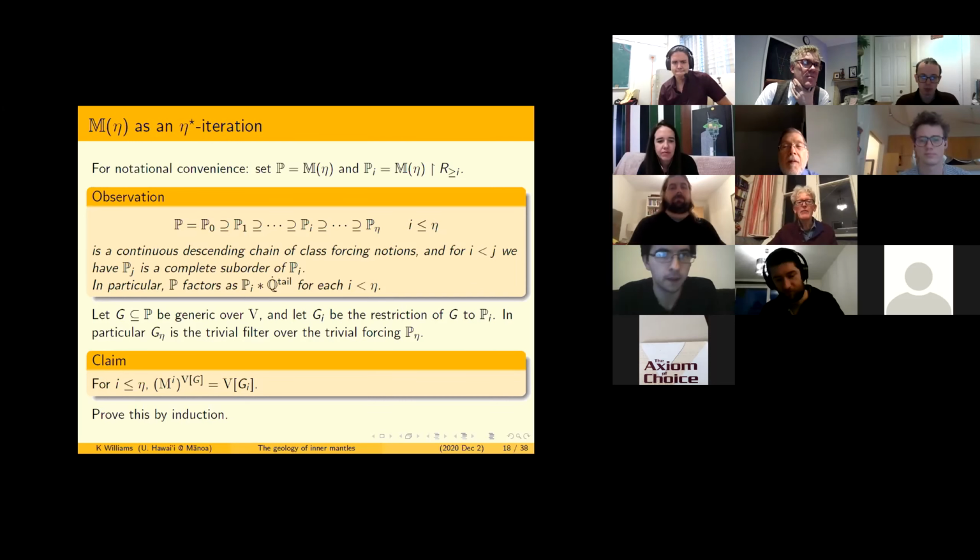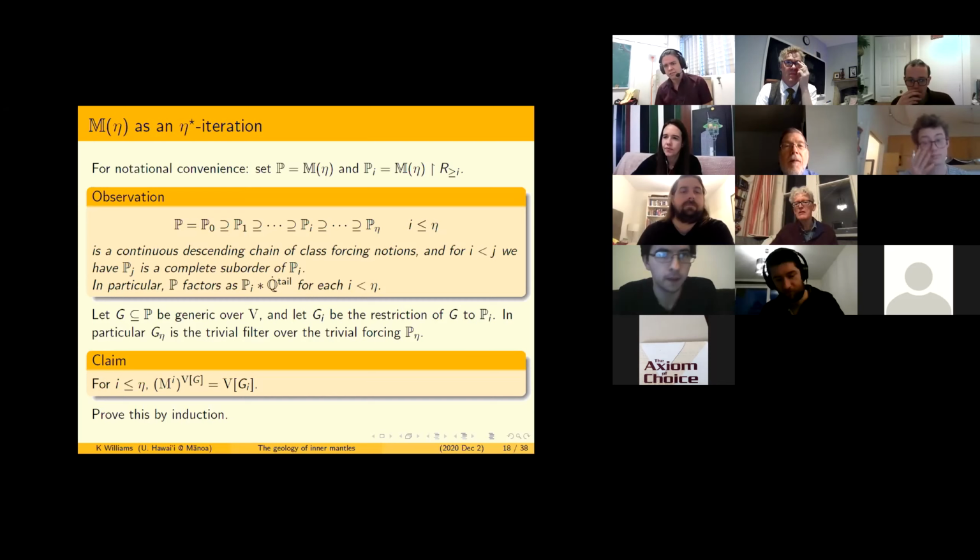The forcings are proper classes, right? Is this some kind of ORD chain condition, or is this a set chain condition going on here? I think you're not going to have any nice chain condition, because each stage of this is an ORD length product.